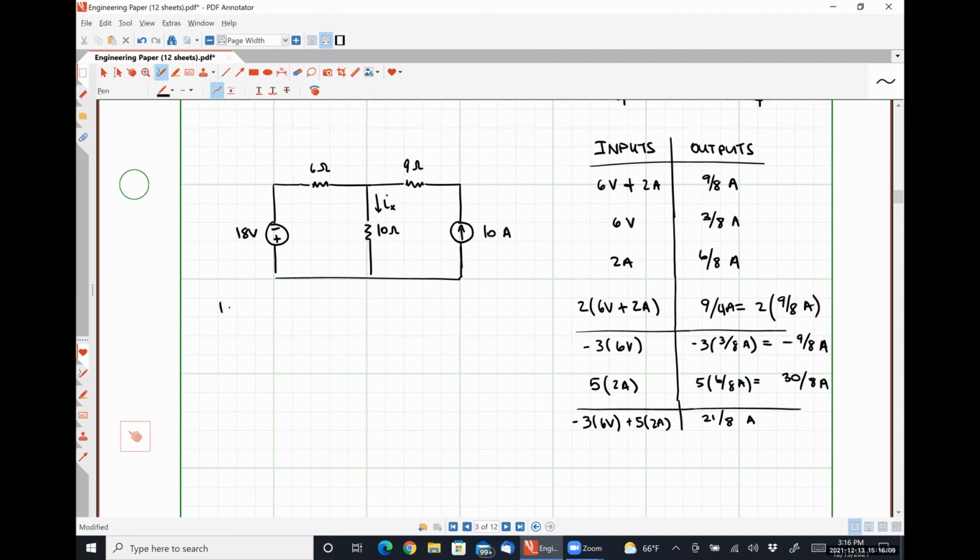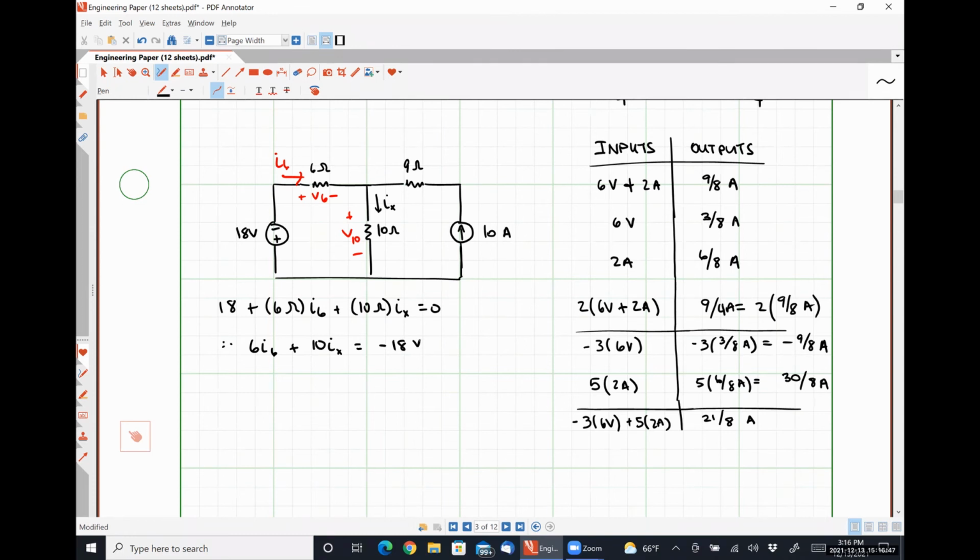So I will have 18 plus 6 ohms I6 plus 10 ohms IX is equal to 0, which means 6 I6 plus 10 IX is equal to negative 18 volts.